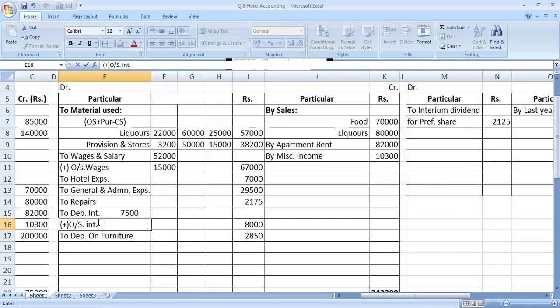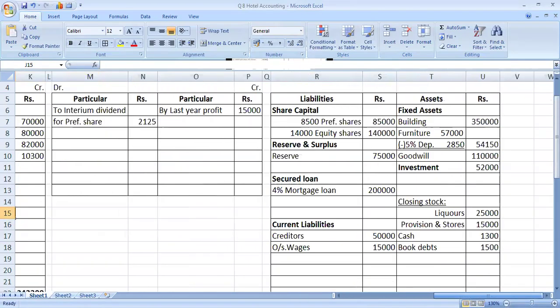I can write here also, there is no problem because I have already taken an extra column. Total of these 7,500 plus 500, total taken in the outer column 8,000.